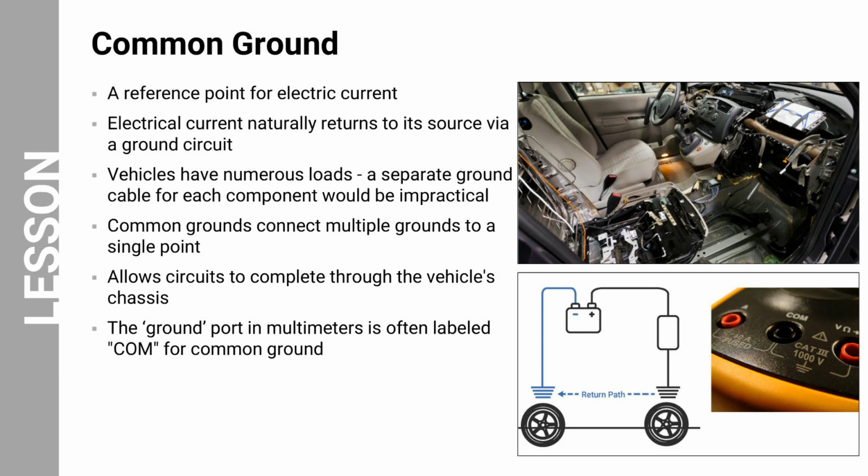In a common ground configuration, all ground connections ultimately lead back to the same point, typically the negative terminal of the power source or a designated grounding point on the circuit board or vehicle chassis. Common grounds are commonly used in various electrical systems, including automotive, industrial, and household circuits, to streamline wiring and ensure proper operation. The ground port in multimeters, often labeled COM for common ground, reflects the widespread use of this concept in electrical measurements and diagnostics.